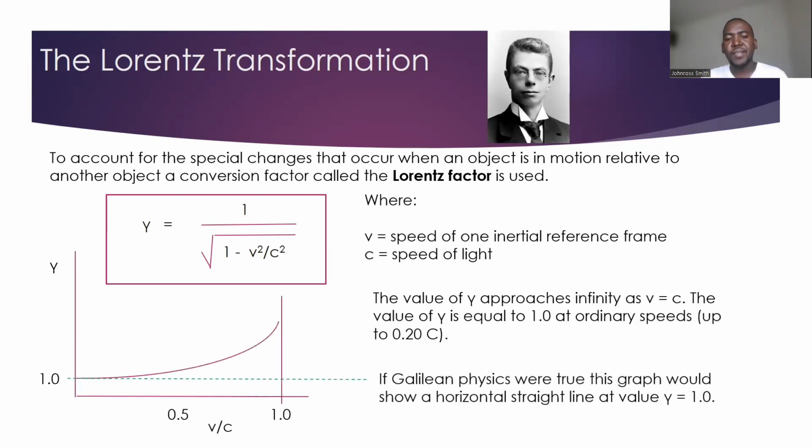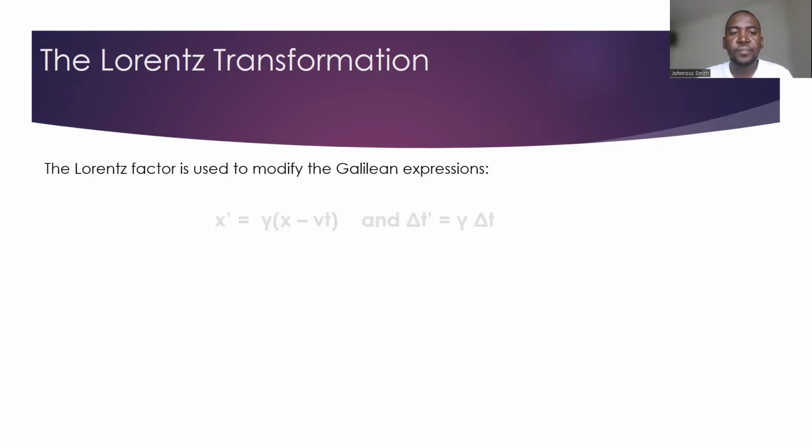So therefore, based on this graph, according to Galileo, if we plot this graph, we should get that the factor should always be 1. But according to Lorentz, the factor is not always going to be 1.